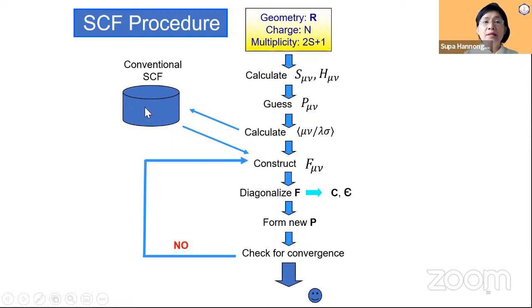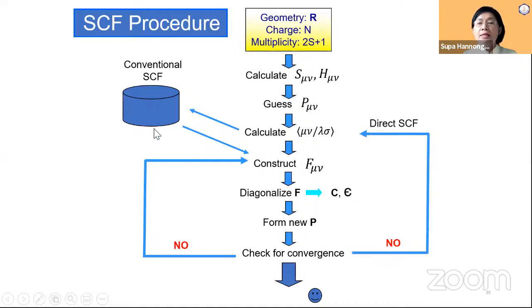Okay, it helps. We call it conventional SCF. Or another way, if it does not converge to our criteria, the energy does not reach our minimum energy, then we have to go back and we can use the direct SCF, make it again, or we can use the conventional SCF to save the time.